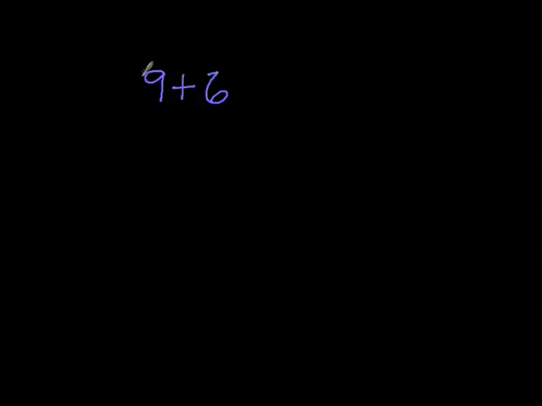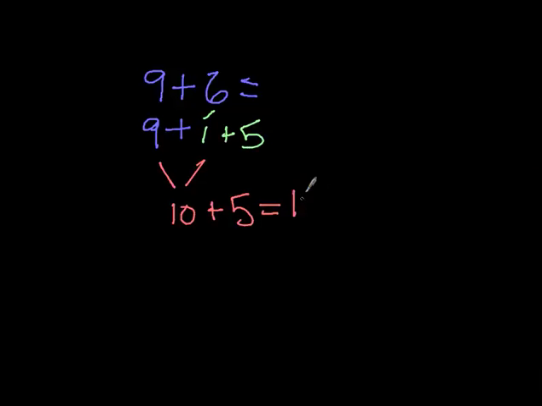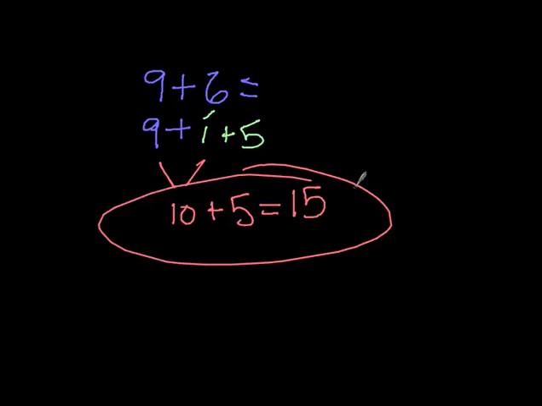Well, 9 plus 6, obviously, if you're good at math, you're going to know 9 plus 6 equals 15. But if you're not too good at math, you could say, well, we know that 9 plus 1 is 10, and we know 1 plus 5 is 6, and so 9 plus 1 is 10, and we bring down the 5, and 10 plus 5 is 15. Very good.